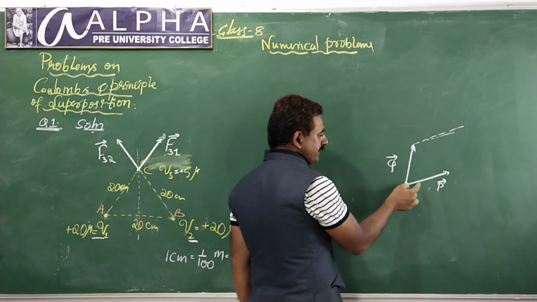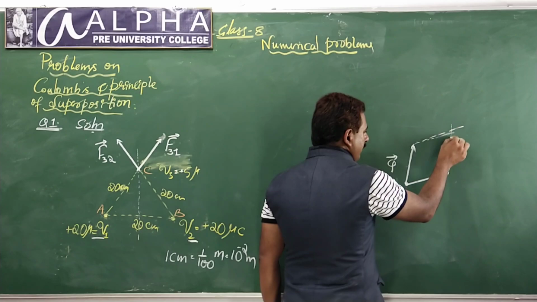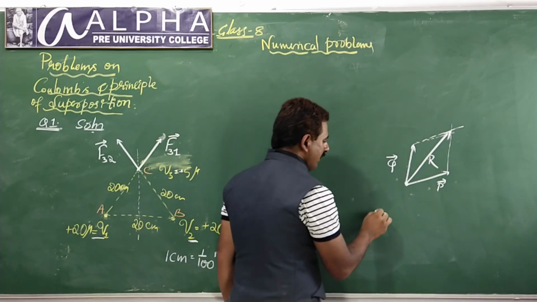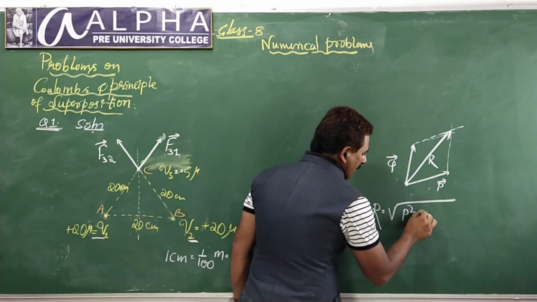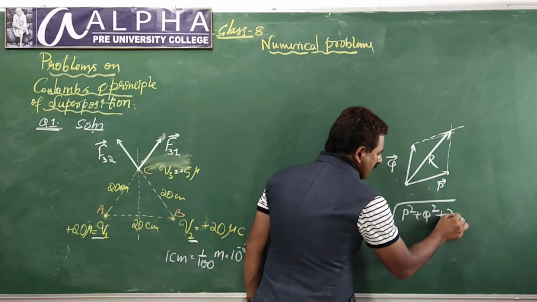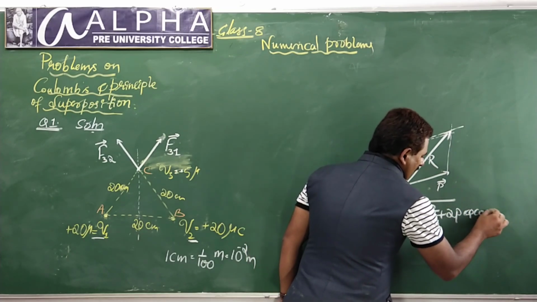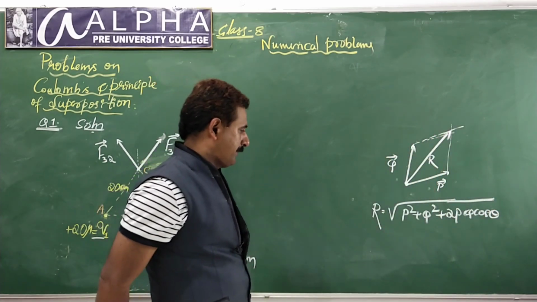Vector addition means draw a line parallel to this, and one more line parallel to this from here. Then the diagonal represents their resultant, denoted by R. The value of R is given by the square root of P square plus Q square plus 2PQ into cos theta. Just recall our last year's discussion in the vectors chapter.